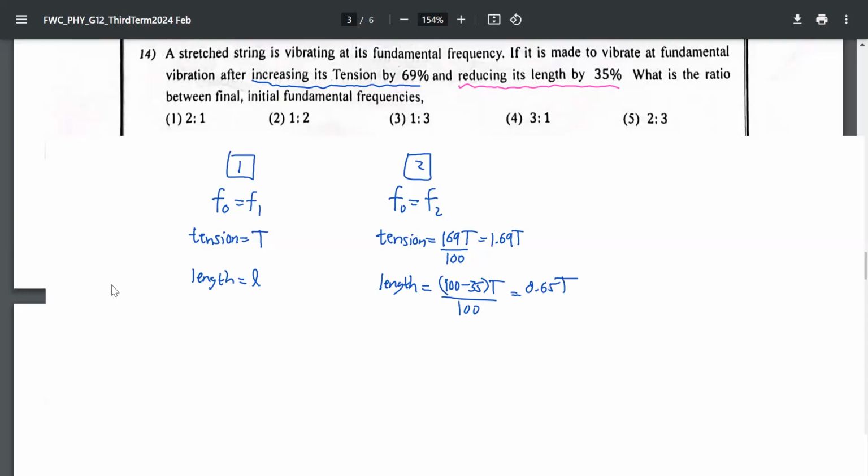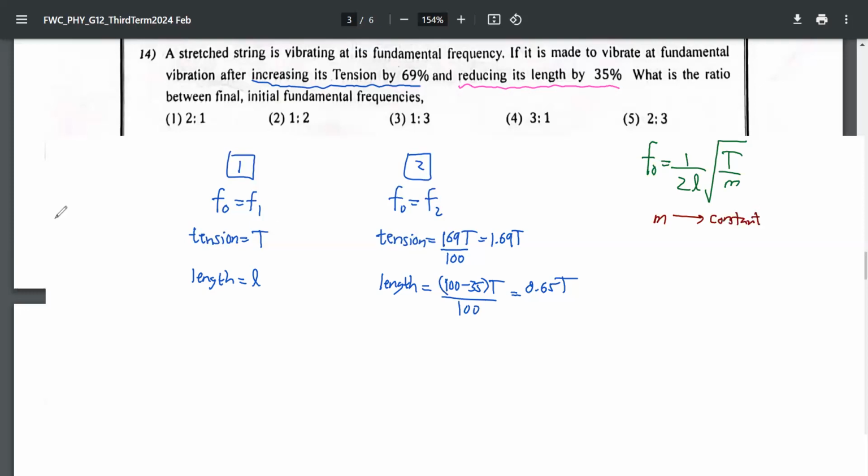We have the comparison made, and then what is the equation for fundamental frequency? F naught is equal to 1 over 2L root of T over M. Who are the constants? Mass per unit length will not change if you don't change the string. 2 is constant.